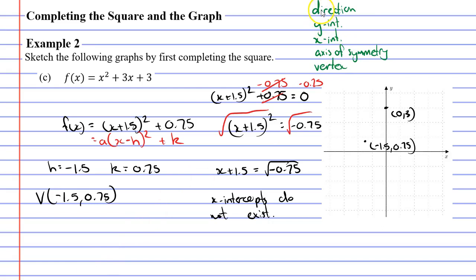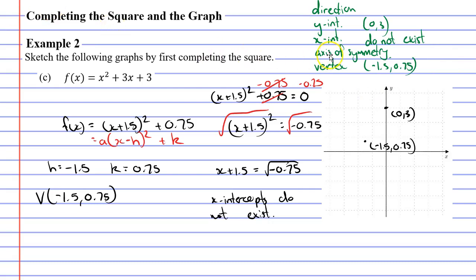I'd like to remind you of the 5 things we look for when we try to sketch a quadratic. We have our y-intercept, which is 0, 3. Our x-intercepts do not exist. Our vertex is the point negative 1.5, 0.75.